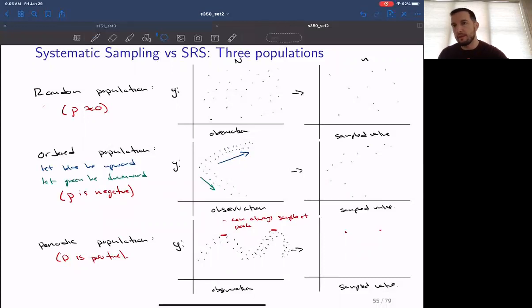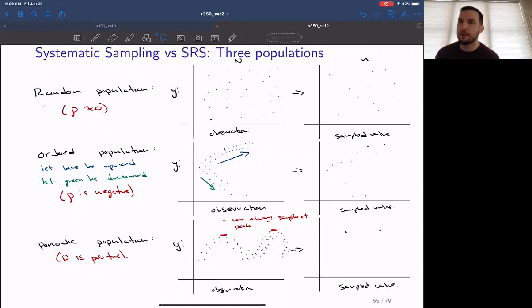So this is basically the independent, uncorrelated population. The measurements do not appear to have any trend, whether positive, negative, or curved. There's no apparent relationship here. So this would be the type of population where, if we sampled using a systematic sample, we would expect our estimator for the variance from SRS to be close to the true variance of the systematic sample.